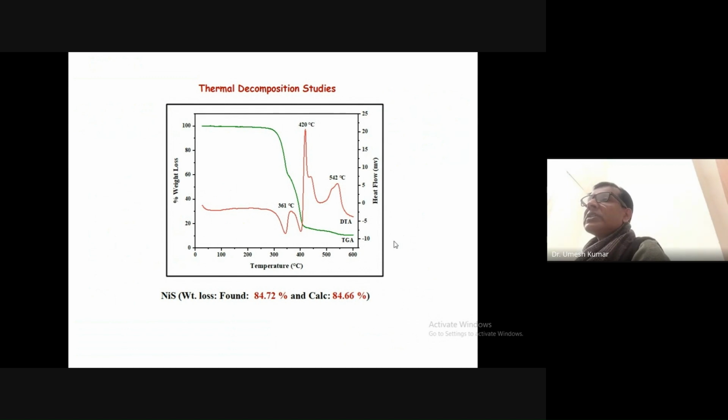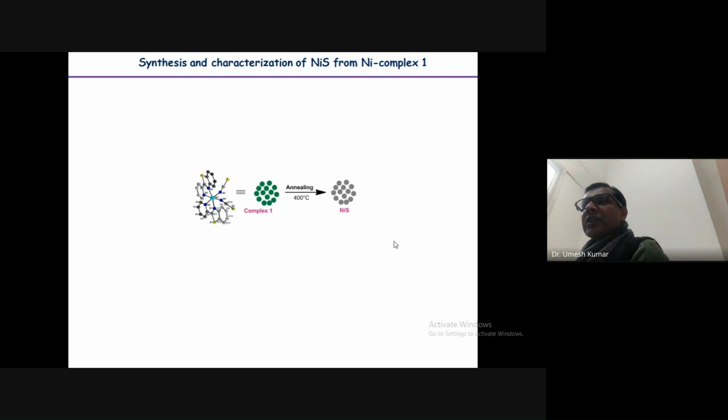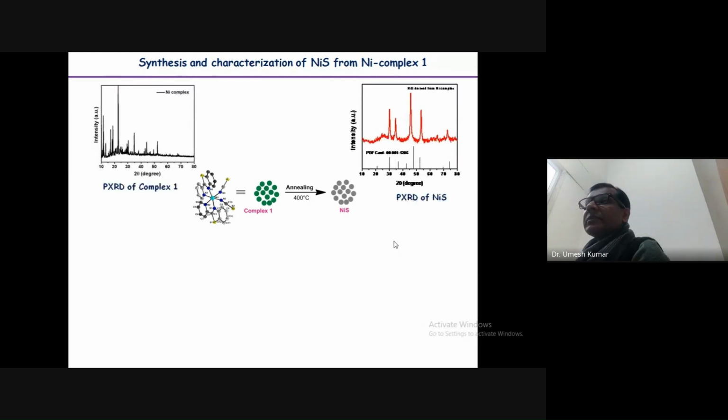So we went on to TGA analysis of these compounds. We have seen that the end product is nickel sulfide nanoparticles. So from this compound, following the TGA, we obtained these nickel sulfide nanoparticles, and this has been characterized by PXRD data.